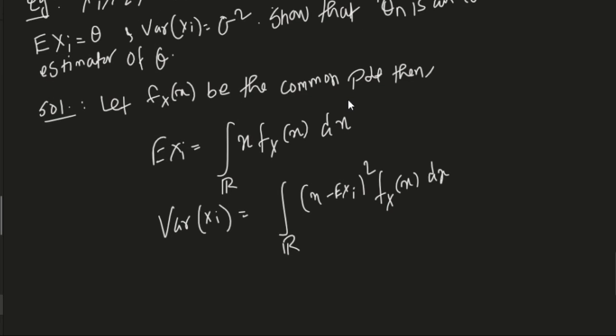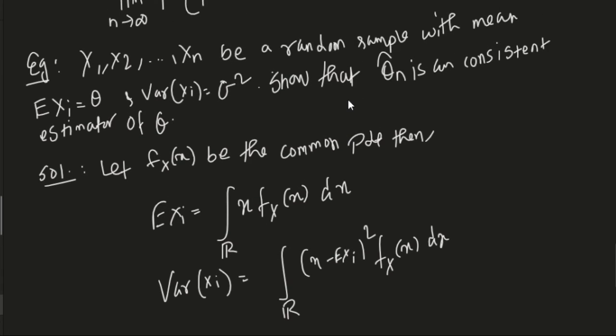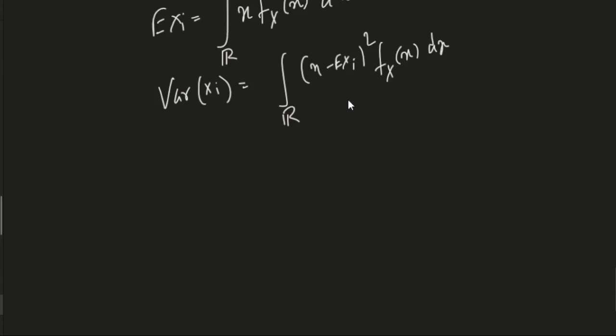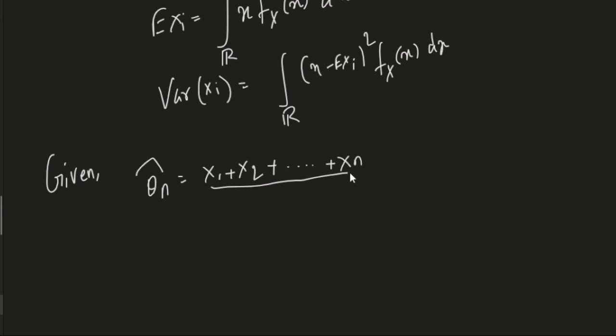We want to show that theta n is a consistent estimator, where theta n is equal to the sample mean, and that this is the consistent estimator of E of xi, where E of xi equals theta, which is also given.